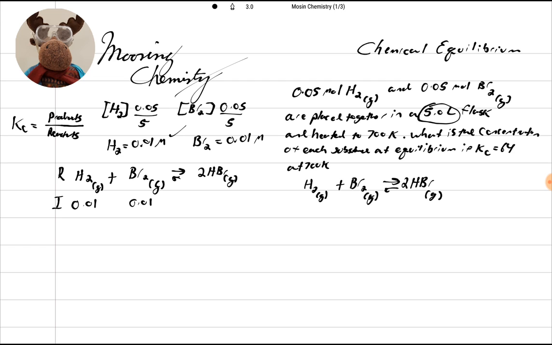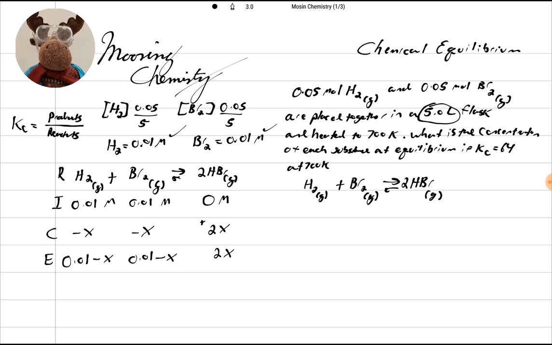We get that from here and from here. And since we haven't made anything yet, our initial concentration is 0 for HBr. Now, the change. We're going to go down by x, we're going to go down by x, and we're going to increase by a positive 2x. So, equilibrium: this is going to be 0.01 minus x, 0.01 minus x, and simply 2x.